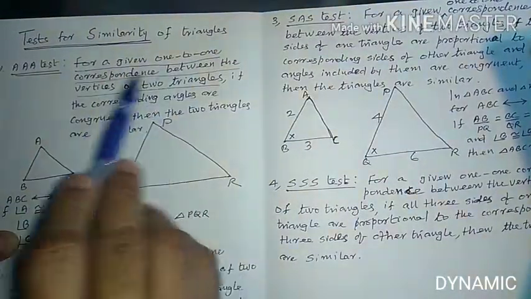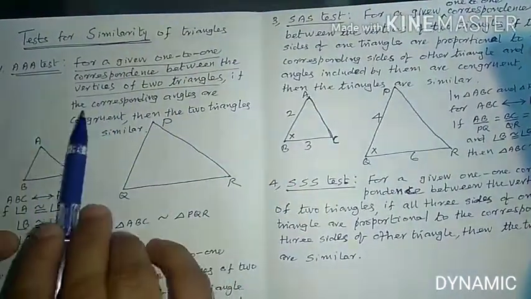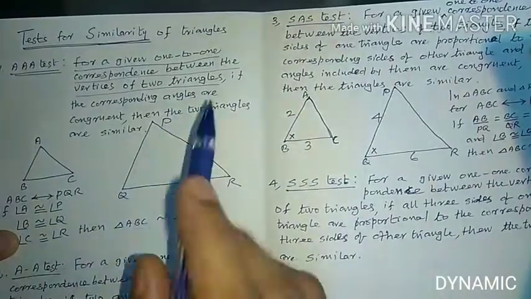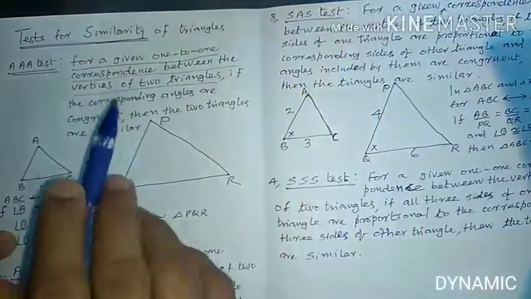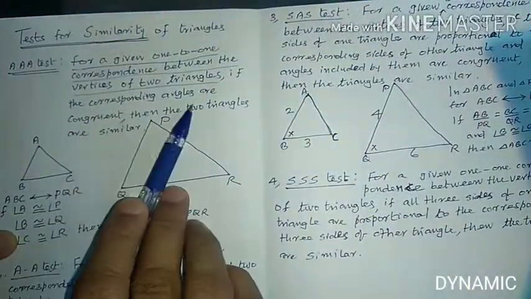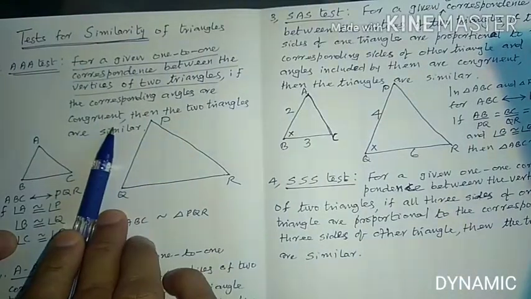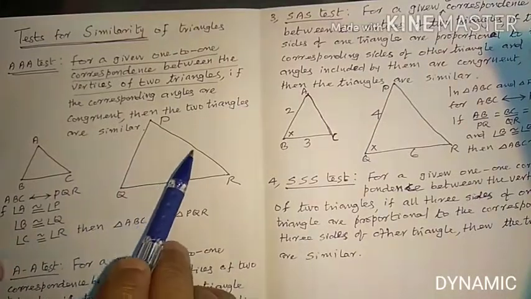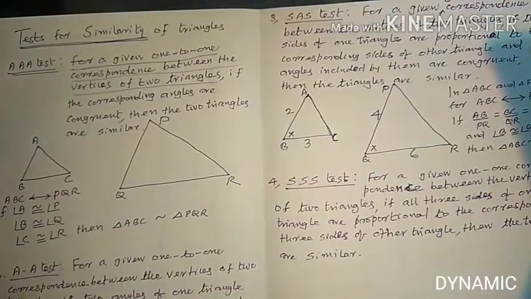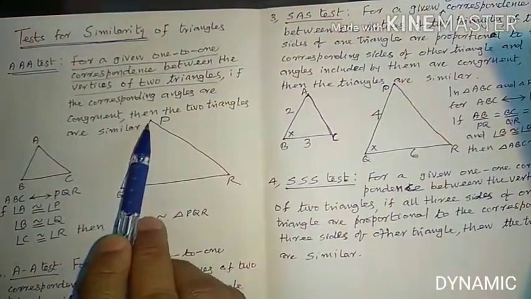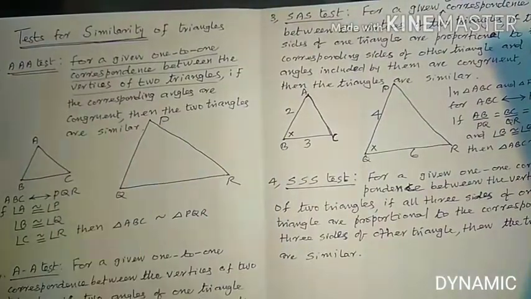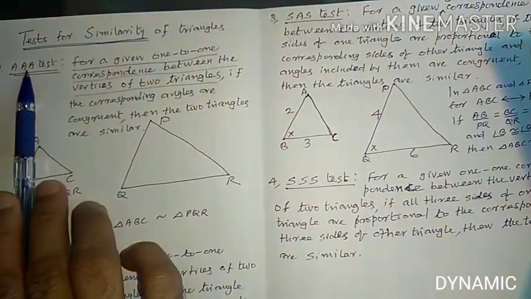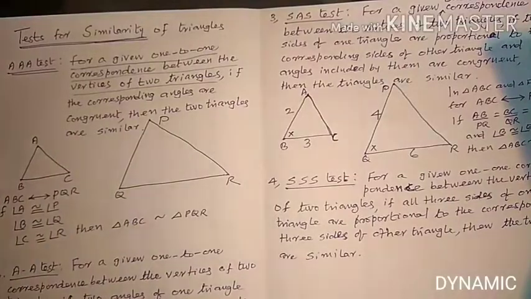Now the things are changing. If corresponding angles are congruent, means corresponding all three angles are congruent, then the triangles are similar. That is by AAA test, triple A test.